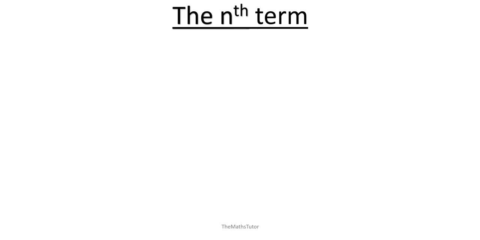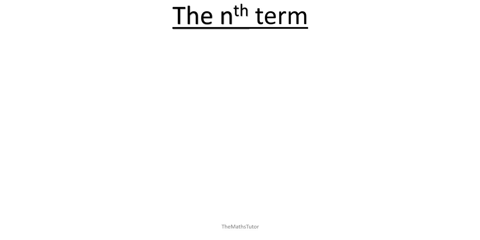So firstly, the nth term is basically just a convenient way of expressing patterns within sequences in terms of the letter n, where n represents the position of a number within its sequence.